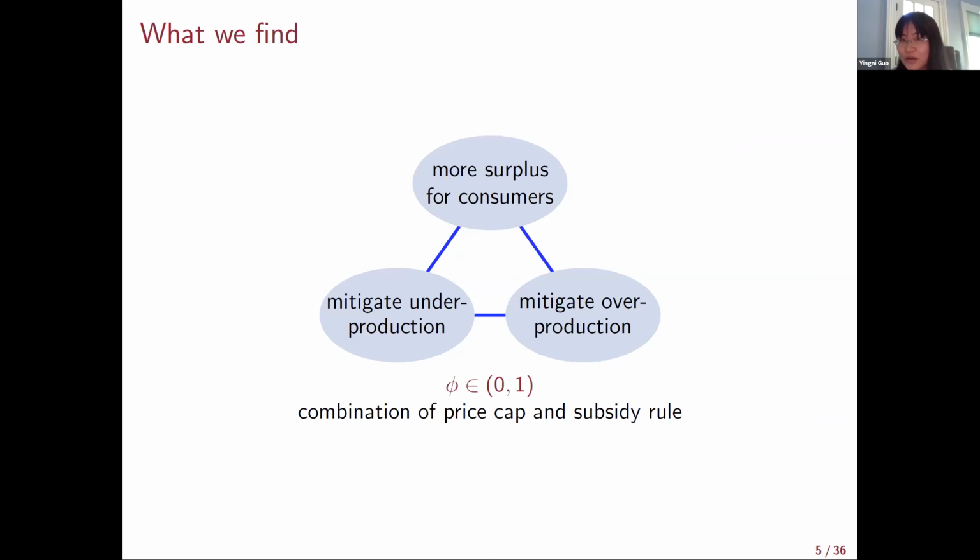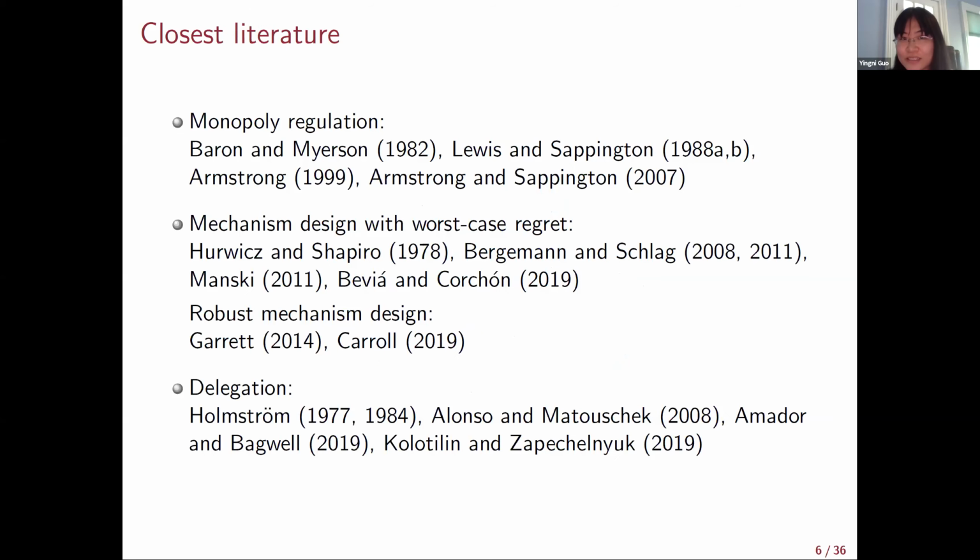Before I move to the model, I want to discuss the closest literature. We contribute to this literature on monopoly regulation. Armstrong and Sappington is a recent survey on this area. The closest papers are Baron and Myerson, Lewis and Sappington, and Armstrong. They assume that the firm has private information about its cost function or demand function.